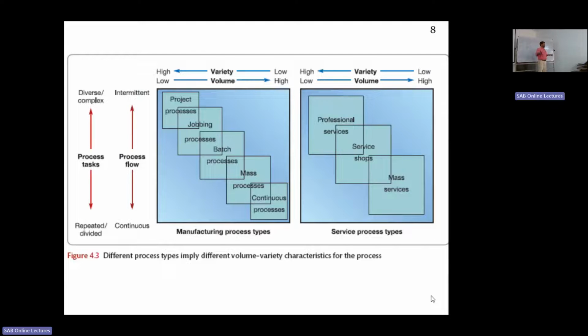We might process 5 customers together, 5 customers parallelly, but for each customer we have a separate beautician and chair and arrangement. Can you understand it? Because professional service, customized service, output is one at a time.